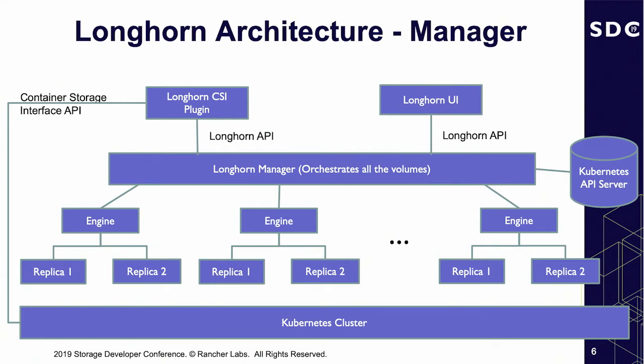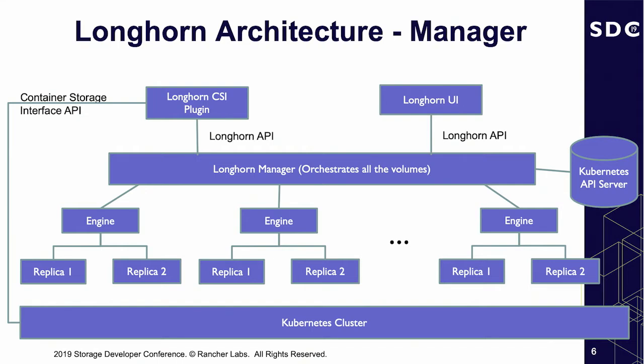Another way to access the Longhorn manager is through the Longhorn UI. And the Longhorn UI is also talking the Longhorn API, of course. The difference between going through the CSI path into the Longhorn manager or through the UI path is that Kubernetes provides powerful semantics to create and delete volumes and do some minimal maintenance, like the snapshotter, which is in the alpha stage.